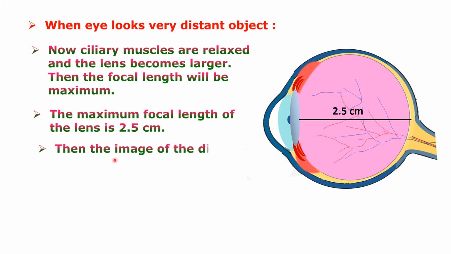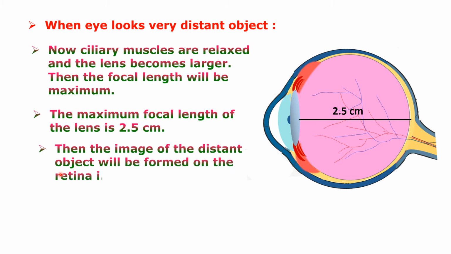Then the image of the distant object will be formed on the retina, that is at the distance of 2.5 centimeters.